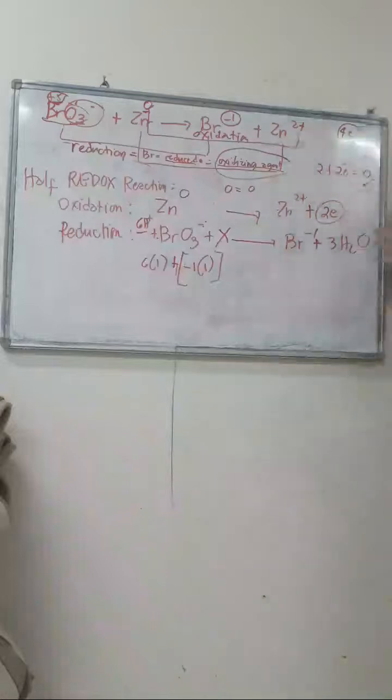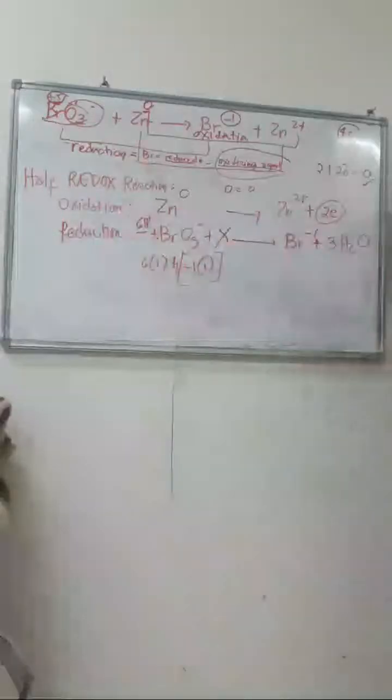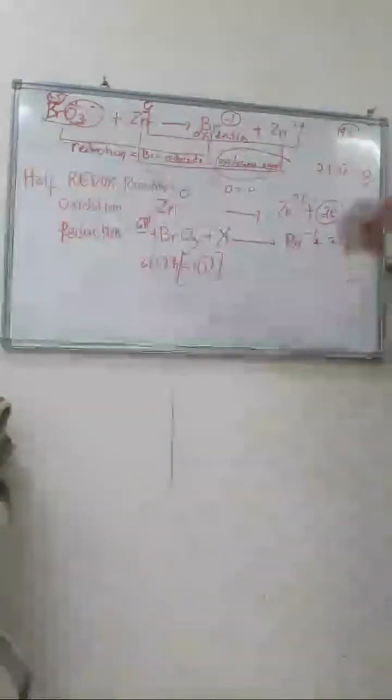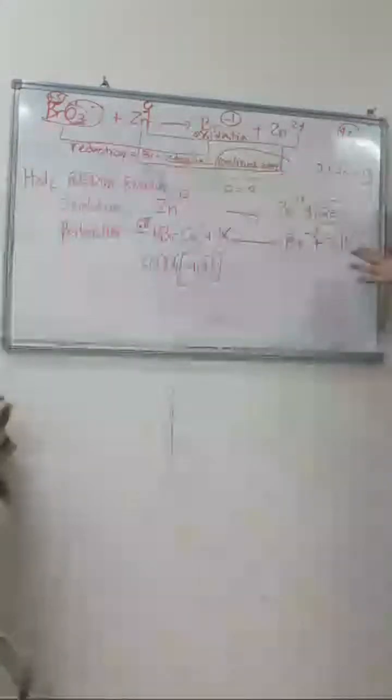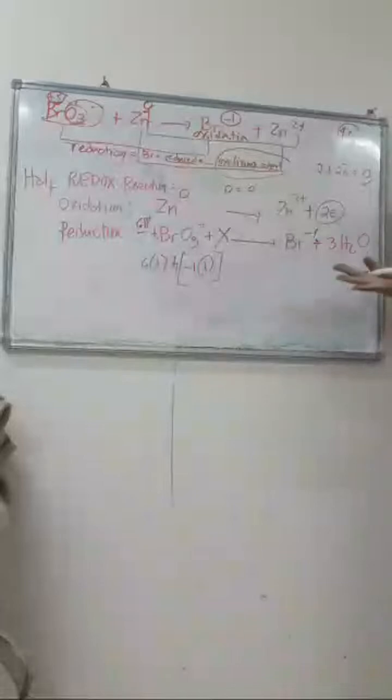But if you're trying to determine the atoms, you will be focusing on the subscript times the coefficient, so that we can really understand what we are doing and don't mix things up. Any questions so far?